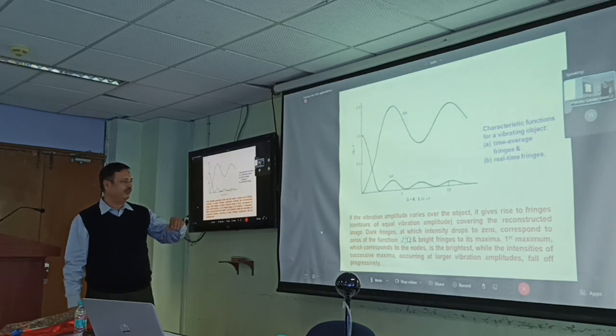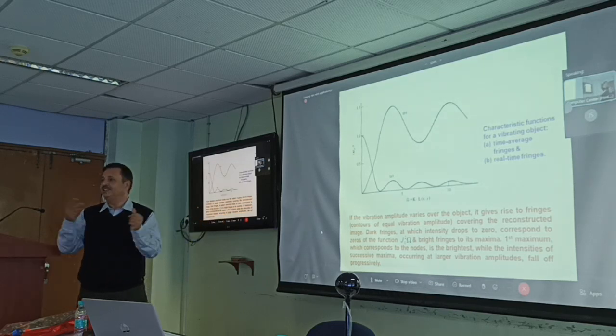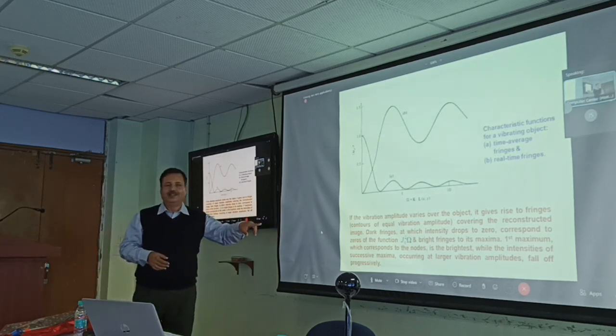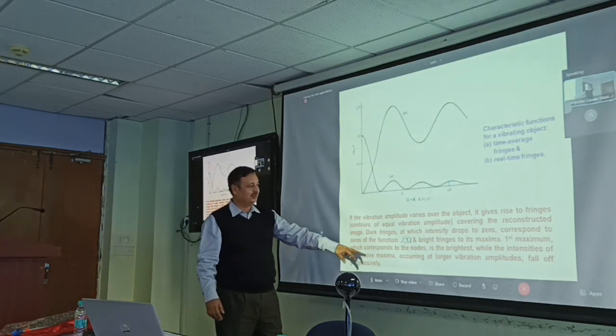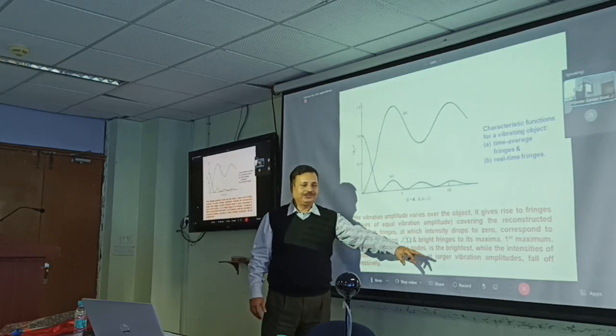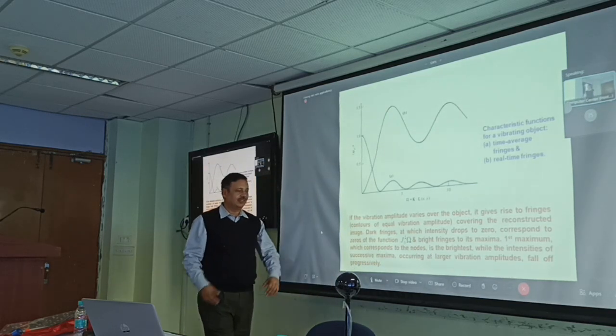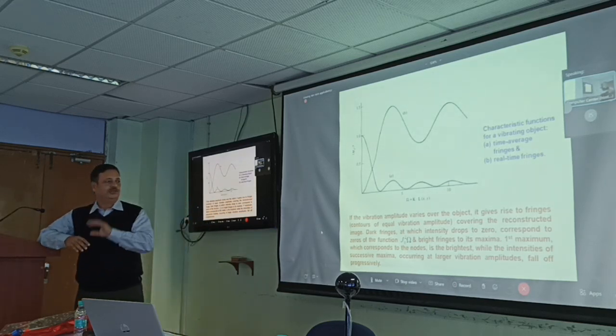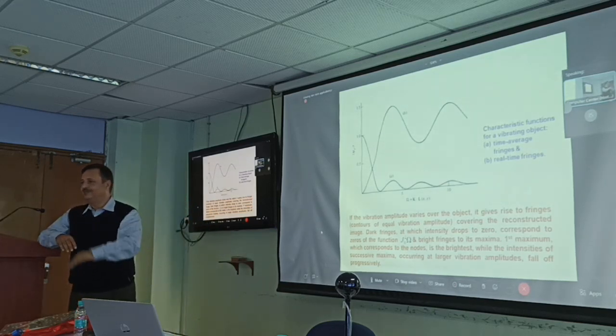You have the first maximum that corresponds to the nodes, and this is what you were asking me, nodes and antinodes. So this is what corresponds. So the first maximum will correspond to the nodes, that's the brightest, while the intensities of the successive maxima, occurring at larger vibration amplitudes, fall off progressively.